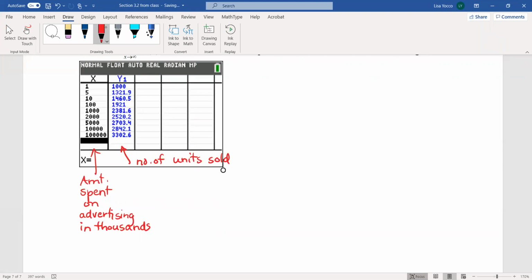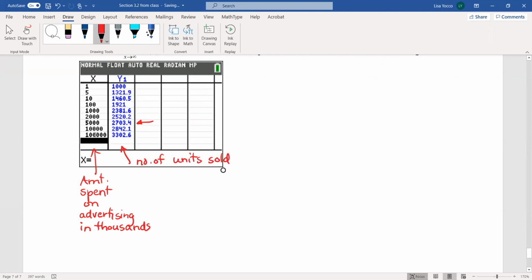We could probably see the same kind of thing with the derivative and the rate of change, but I think it's pretty clear here that, as we continue to spend a lot of money on advertising, the number of units sold doesn't change a whole lot. For example, if you spend $5,000 on advertising, the number of units sold is 2,700 roughly.